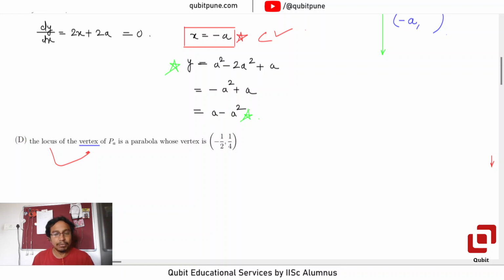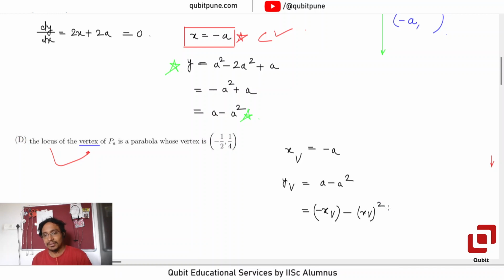Is it possible to find the relationship between the x coordinate and the y coordinate of the vertex? Yes. X is negative a, y is a minus a squared, so I can say that yv is equal to negative xv minus xv squared.